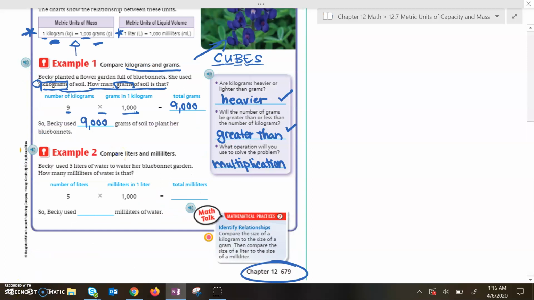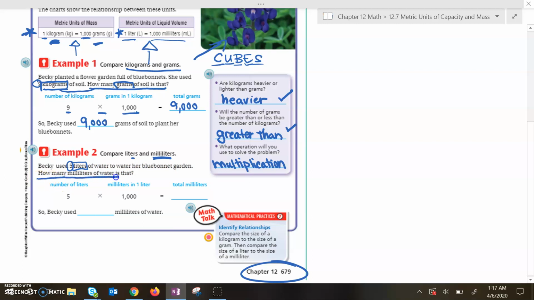Example 2 says compare liters to milliliters. And this is the one we want to see now. For every 1 liter, we have 1,000 milliliters. And so it says Becky used 5 liters of water to water her bluebonnet garden.